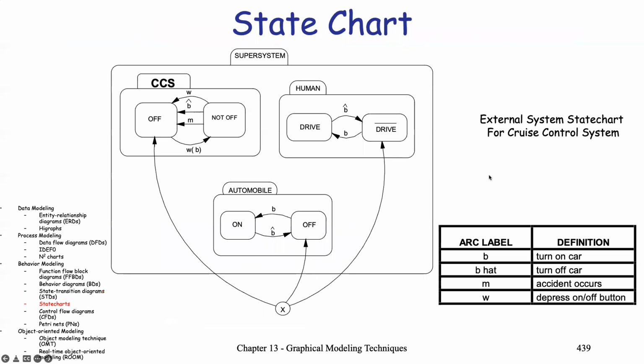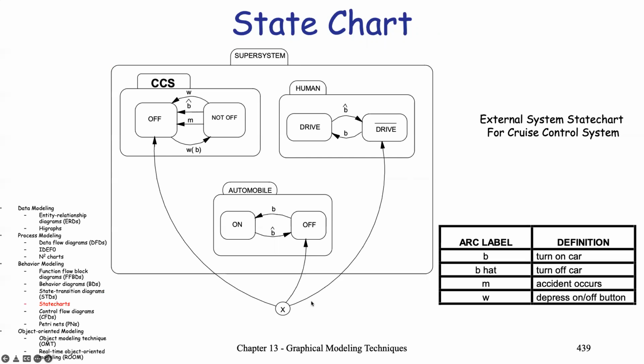And for state charts, here we see an example, an external system state chart for a cruise control system. And so we have the cruise control system, the human that's engaged in that, and the automobile, and all of these 3 things are working collaboratively.